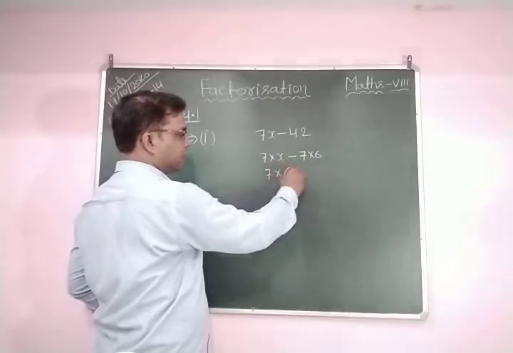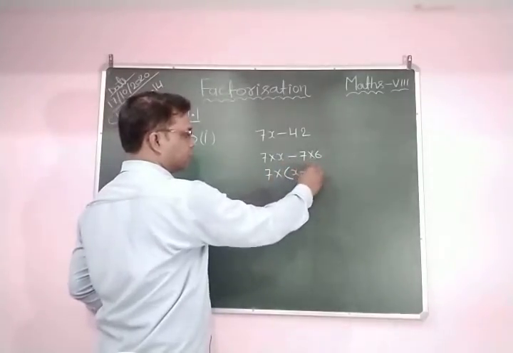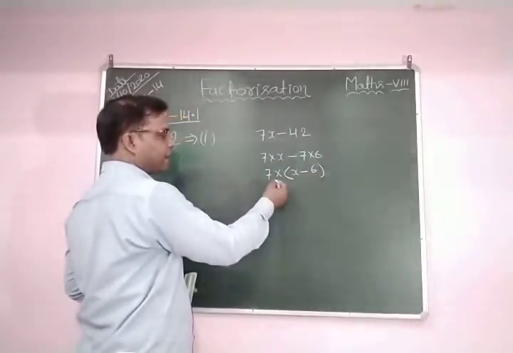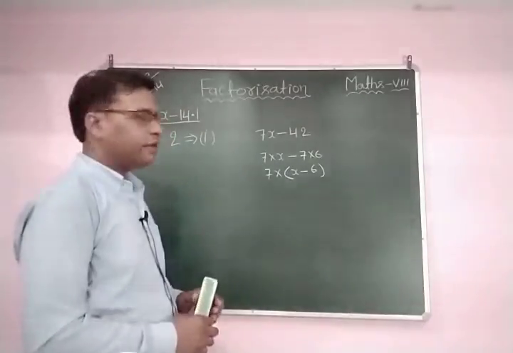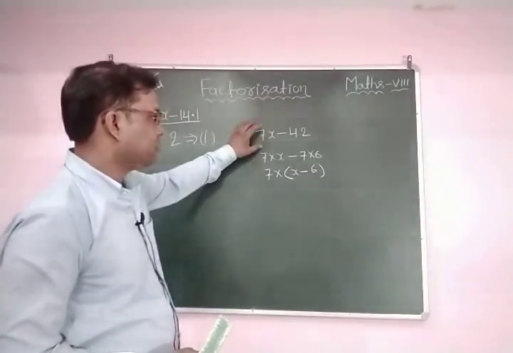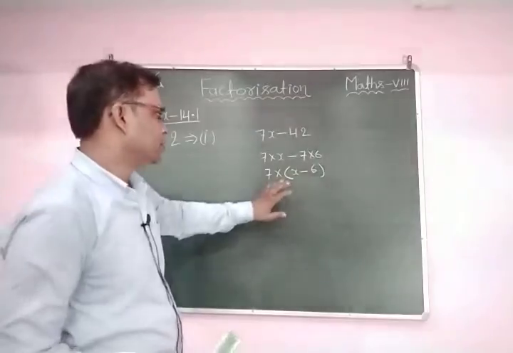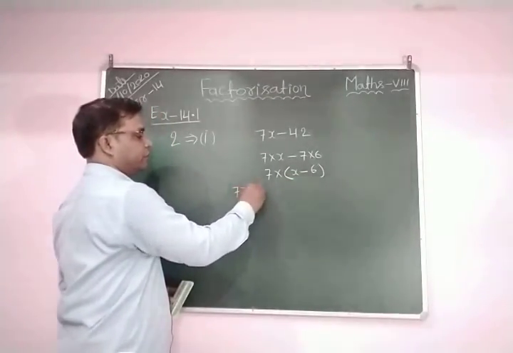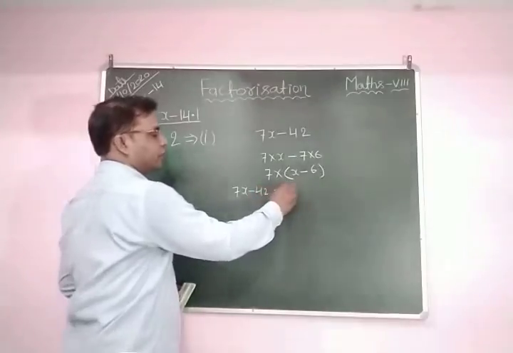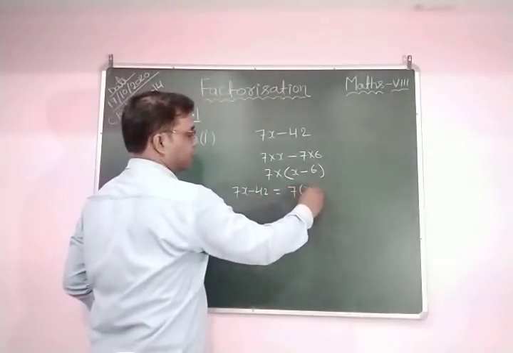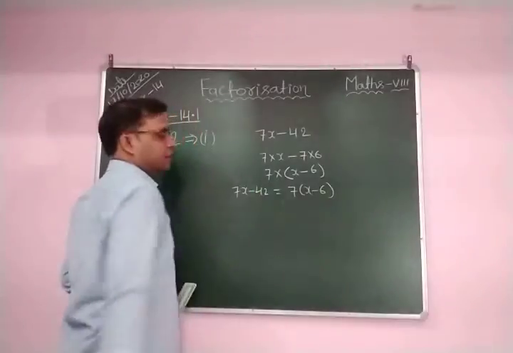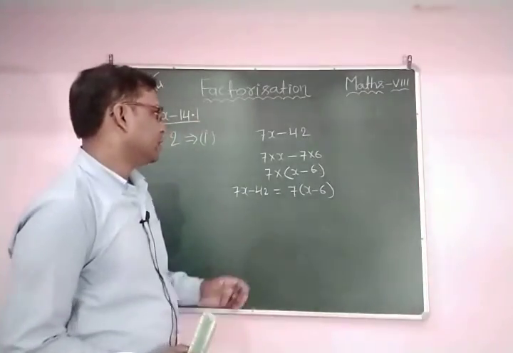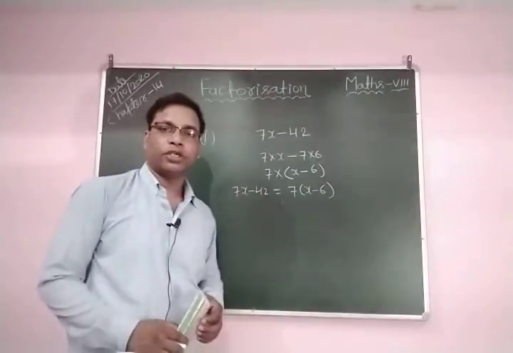Here we obtain x and minus 6. So the factors of the given expression: 7x minus 42 is equal to 7 into (x minus 6). This is a factor of the given algebraic expression 7x minus 42.